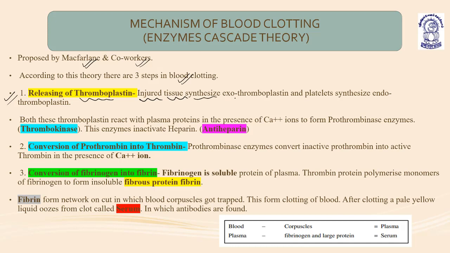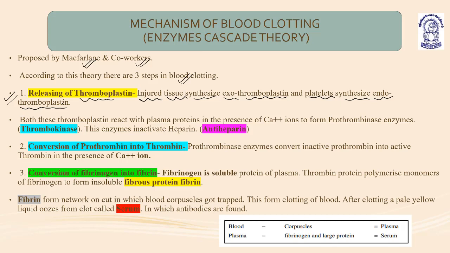It synthesizes exothromboplastin or a prothromboplastin, the precursor of thromboplastin, and platelets synthesize endothromboplastin. Okay, so basically the injured tissue synthesizes exothromboplastin, and the platelets synthesize endothromboplastin.